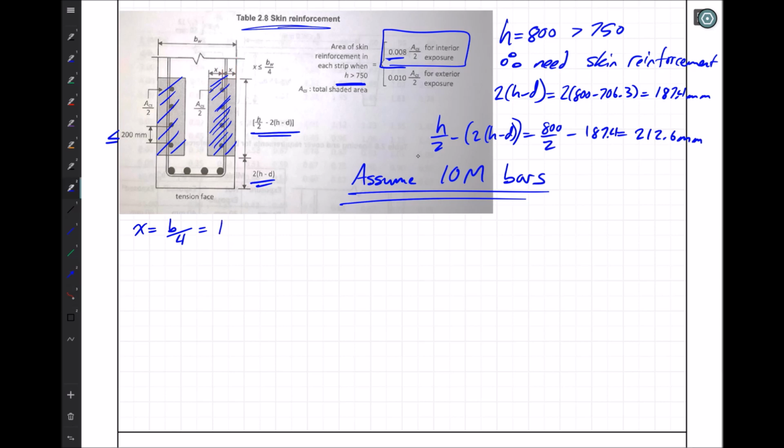X is equal to BC prime plus 11.3 for our stirrup plus 11.3 over 2. So here this would be our stirrup, and this would be the skin reinforcement.